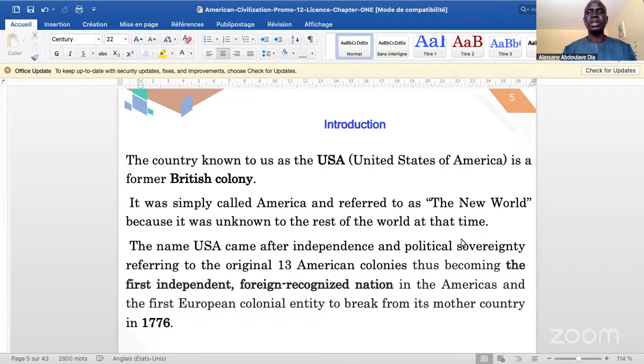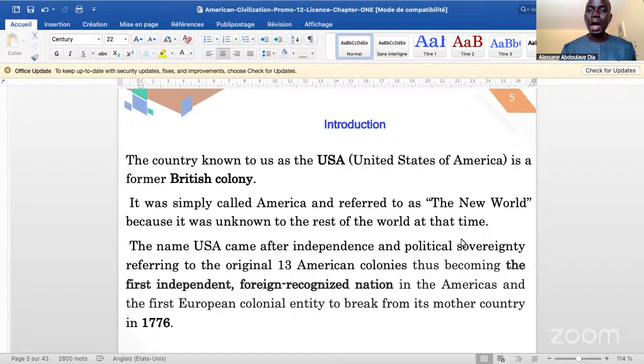Forget about the United States, because here it did not have that name yet. It was called America. It was a new continent. Europeans did not know that part of the world, and Europeans traveled. It was unknown to them. When they discovered the land, the American continent, they called it the New World.